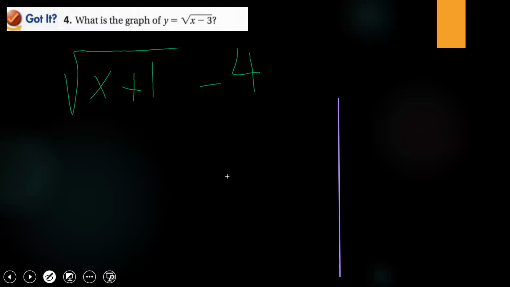Now, if you have it like square root of x plus 1 minus 4, look at me now what we have to do. First of all, we have to draw the parent function.